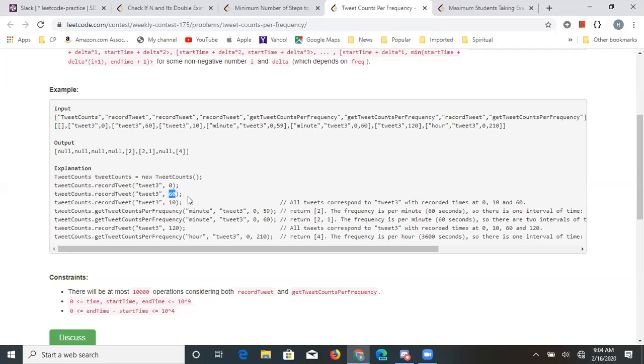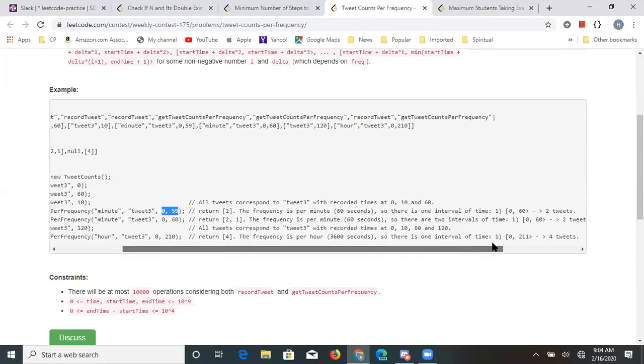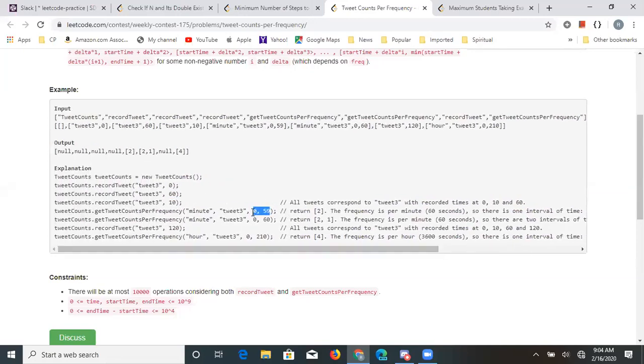I have a question. You mentioned that it was 0 second, 60 second, and 10 second, right? The query was in minute. So 0 to 59 minute would mean the interval would be an hour. We'll go to that, but for now just understand that 0 to 59 means 0 to 60, which is 1 minute basically.